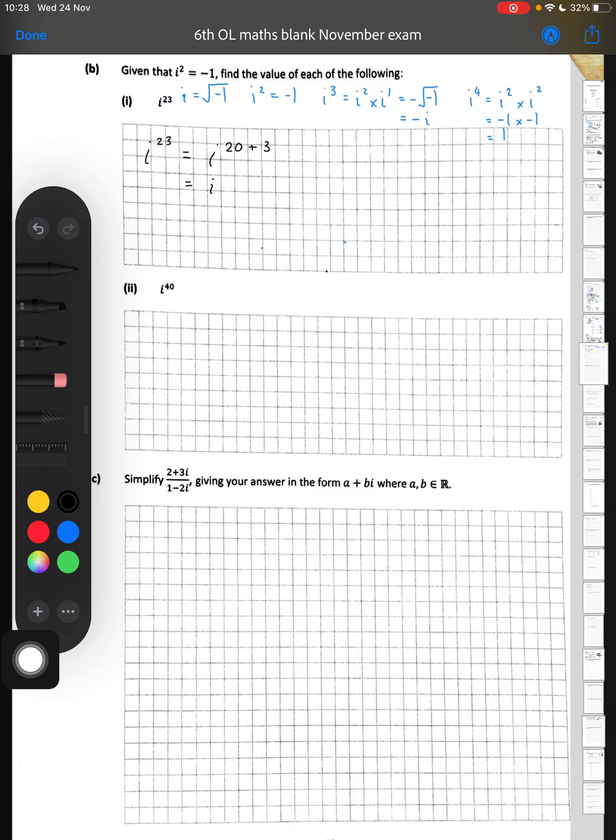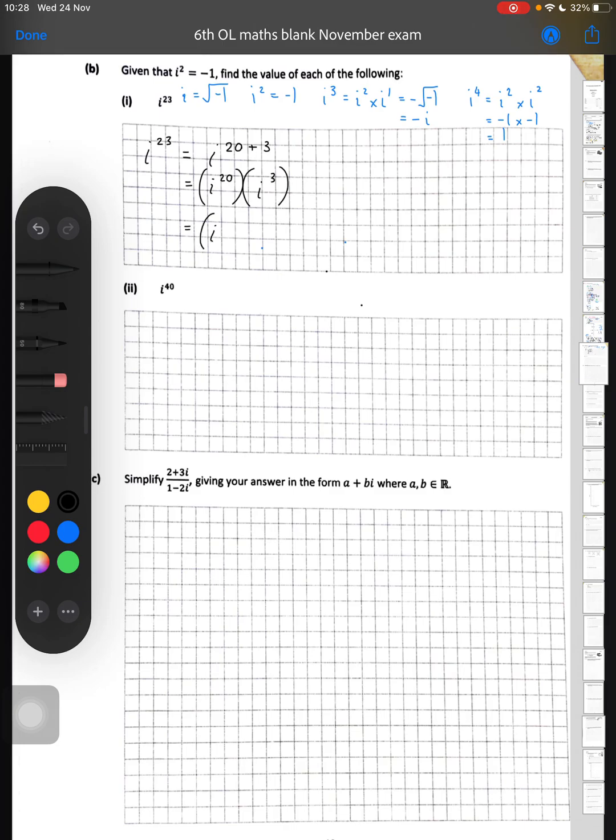Well, because I know that i to the power of 20 is the same as something like 5 times 4. Okay, so go back to the rules for indices in our log tables. When two things add together, it's the same as them multiplying. So I have i to the power of 20 times an i to the power of 3 here.